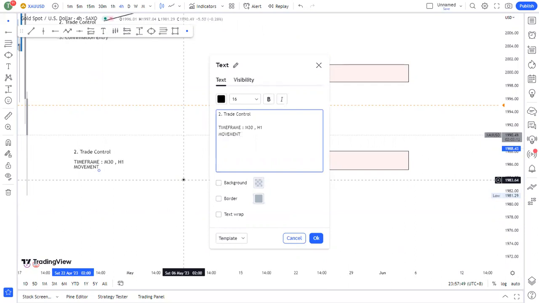The movement for the trade control is still the same, which is buy to sell and then sell to buy. So we move to the SOP, which is we are going to continue the setup SOP.